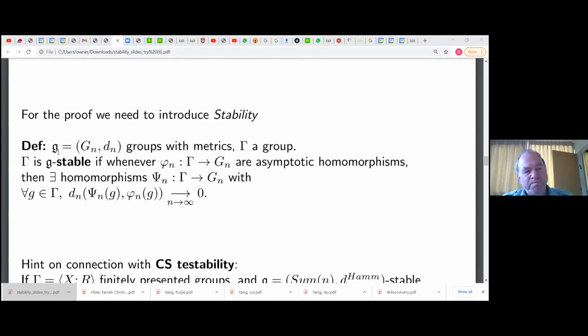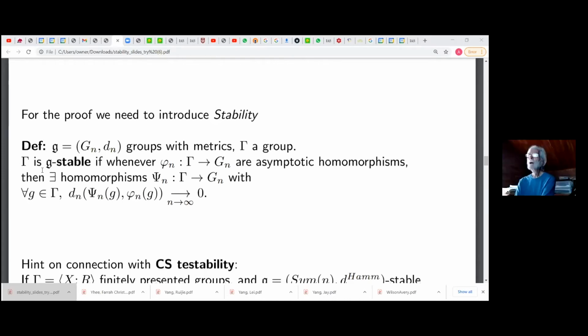Let G be, again as before, a family of groups Gn, where each one of them comes with a metric dn. We have groups with metrics, and gamma is any, say finitely generated, group.